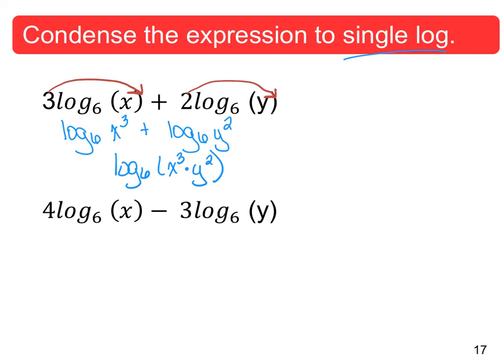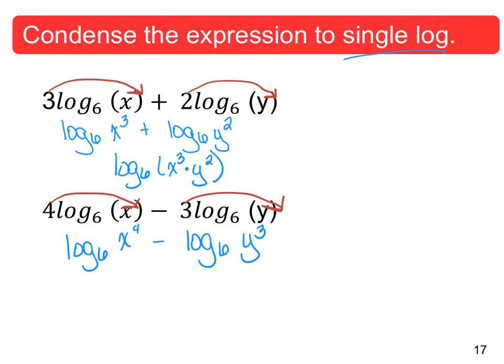Now I'm going to do the same thing with this one. The first thing I'm going to do is rewrite it with my exponent. I'm still going to have it as 2 separate logs. So I have log base 6 x to the 4th power minus log base 6 y to the 3rd power.